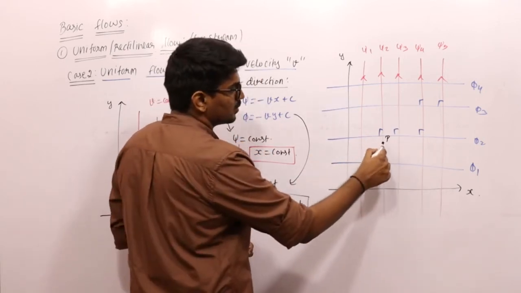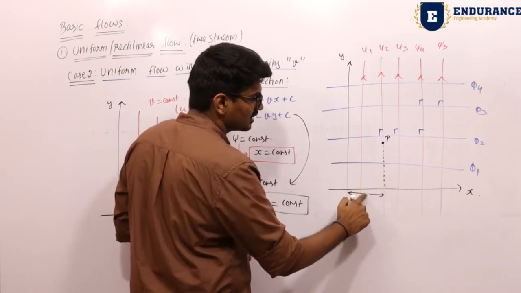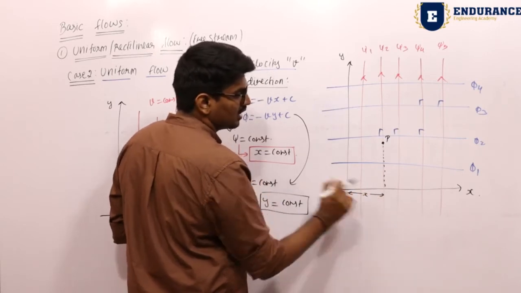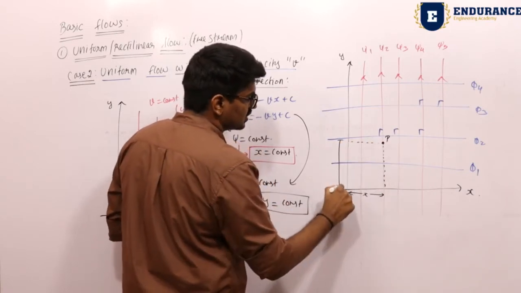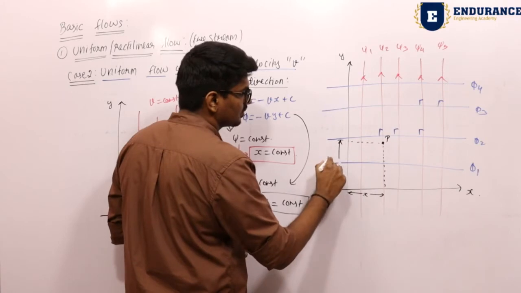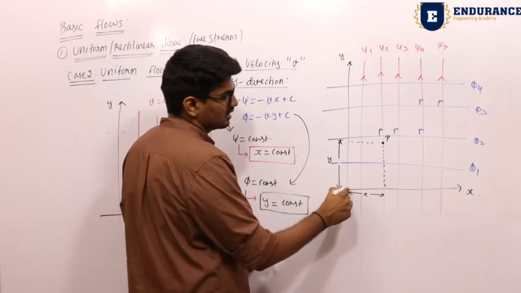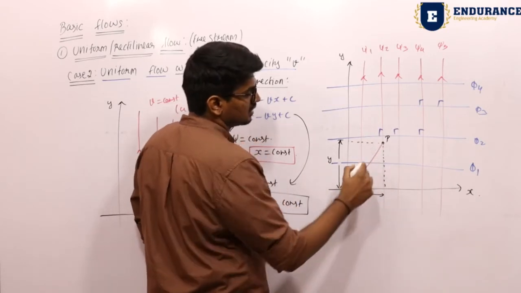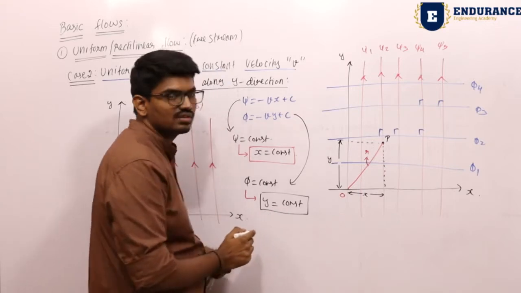Corresponding to this point, this distance is x. This is some basics from your mathematics again. This is x, and this distance is y, and if I connect these two points like this, this is my r. So OP is my position vector, right?